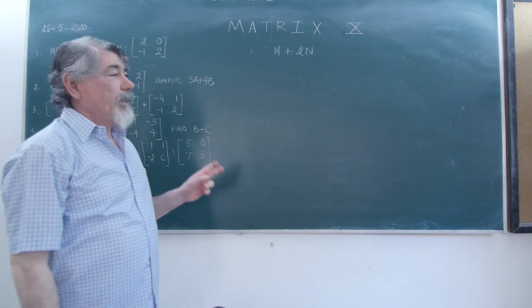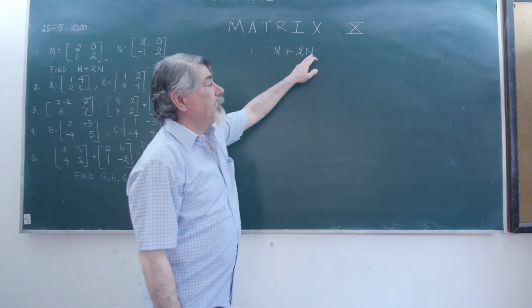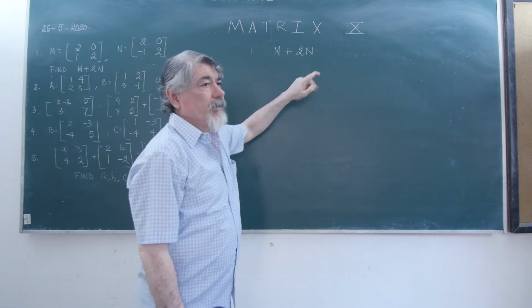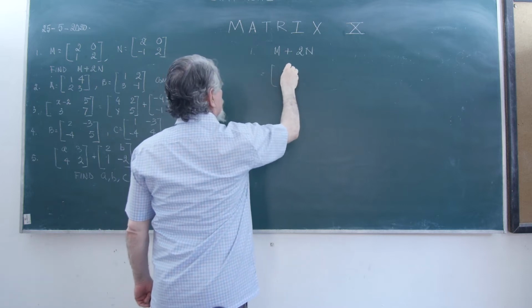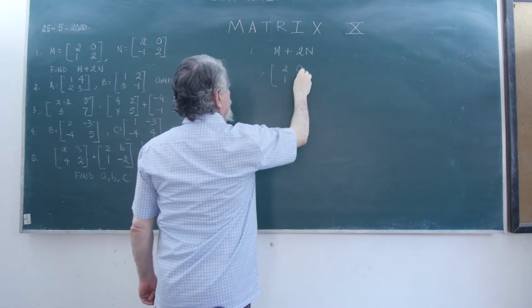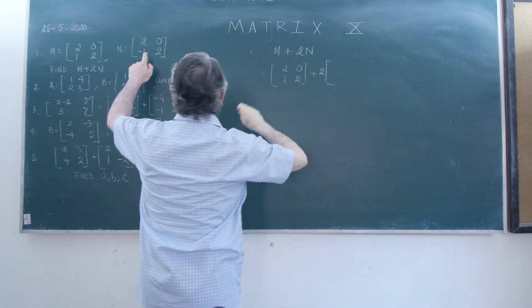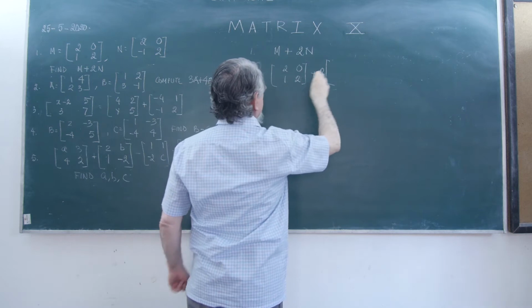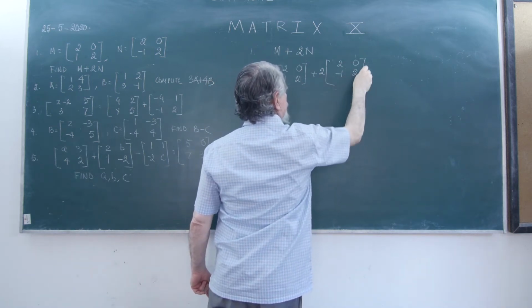One is addition and one is scalar multiplication. 2N is a scalar multiplication. What is M? The matrix M is 2 0 1 2, plus 2 into N. N is the same, except here it is 2 0 minus 1 2.